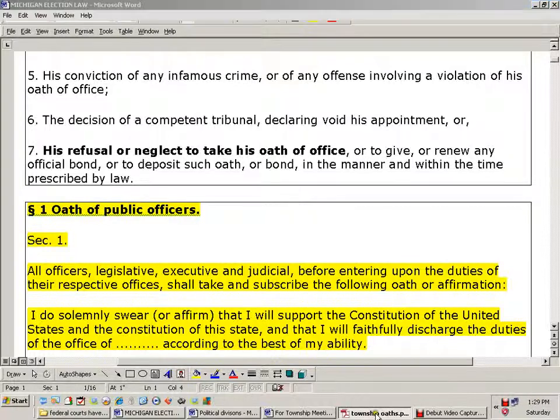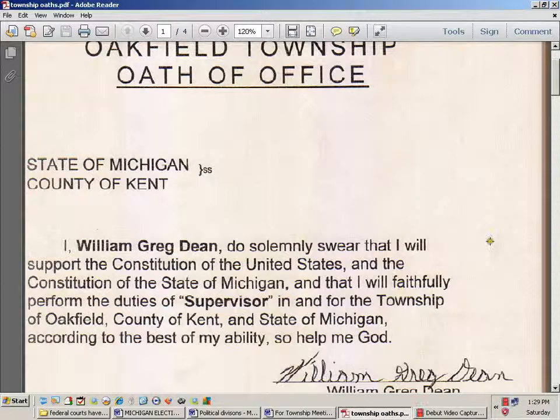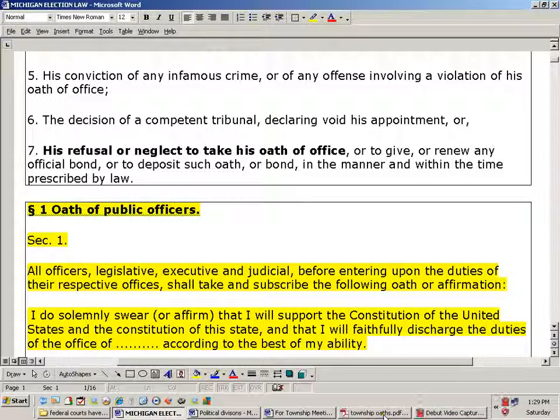Well, here's what they take in the township. And they put their name in. Do solemnly swear that I will support the Constitution of the United States and the Constitution of the state of Michigan. Well, as we just saw, that ain't what this says. You don't put your name in there, and it's not the state of Michigan, it's the Constitution of this state.